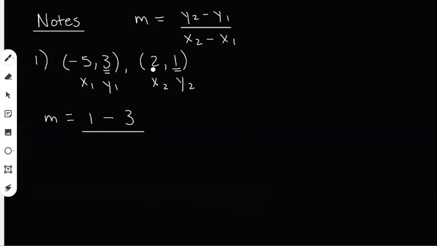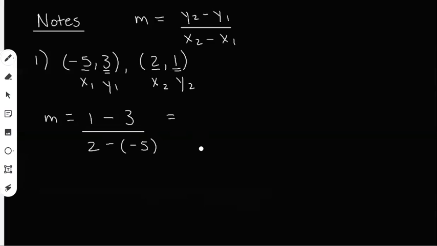My x2 is this positive 2 right here. I bring down my subtraction sign. And then x1 is a -5. So I'm going to put the -5 in parentheses. I'm actually going to have a double negative at the bottom.